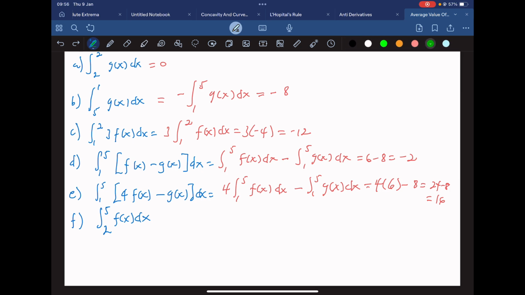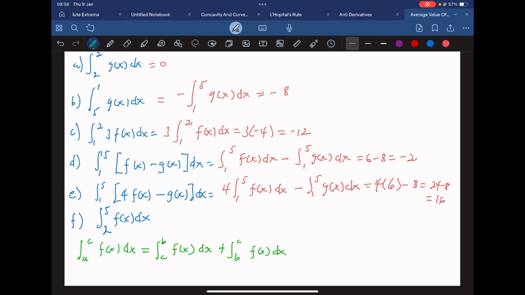You can have the integral of a to c f of x dx. This is equal to the integral of a to b f of x plus the integral of b to c of f of x dx.